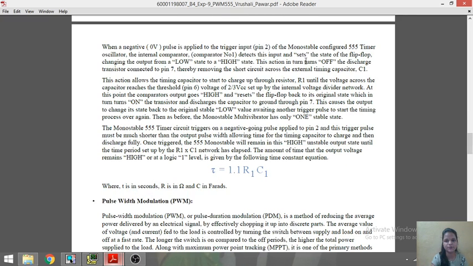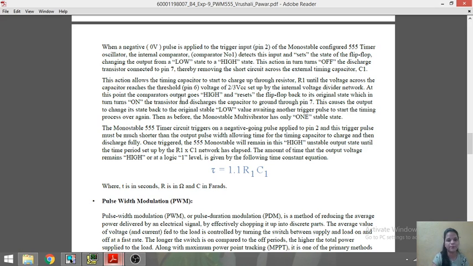The internal comparator 1 detects the input and sets the flip-flop to high, changing the output from low state to high state. The action turns off the discharge transistor connected to pin 7, thereby removing the short circuit across the external timing capacitor C1. This allows the timing capacitor to start charging up through the resistor R until the voltage across the capacitor reaches the threshold pin 6, that is 2/3 of the VCC, set up by the internal voltage divider network.